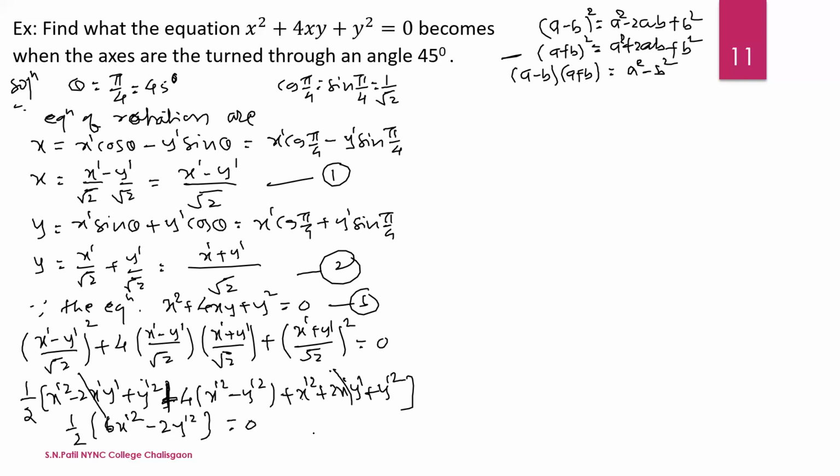Now 2 is divided out, so we get 3x dash square minus y dash square is equal to 0. This is the required equation when we rotate the original axis through an angle theta. Okay, thank you.